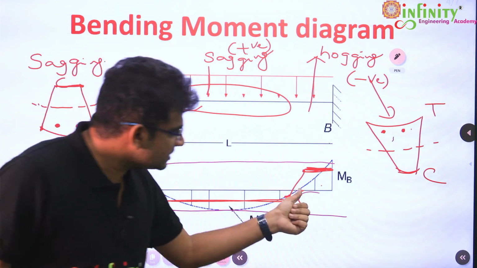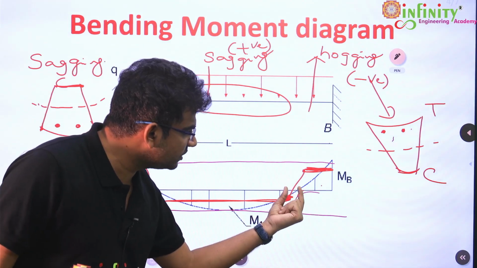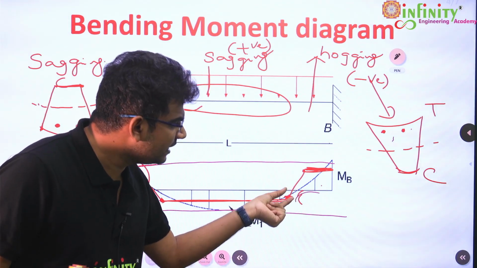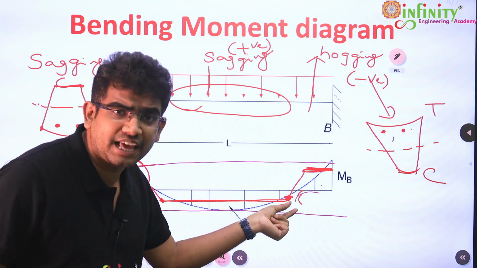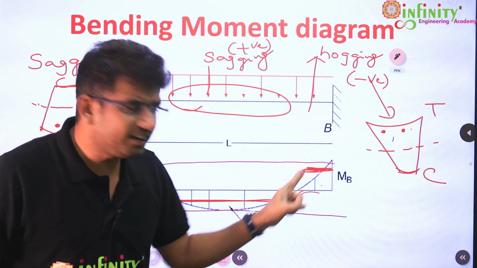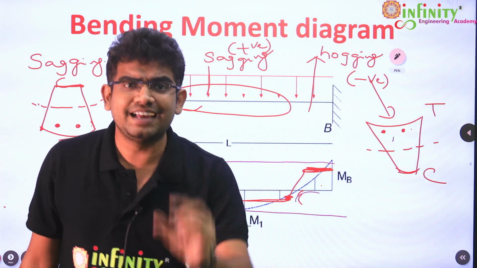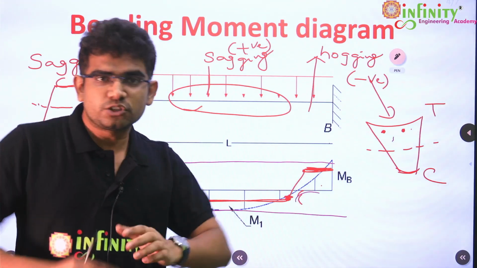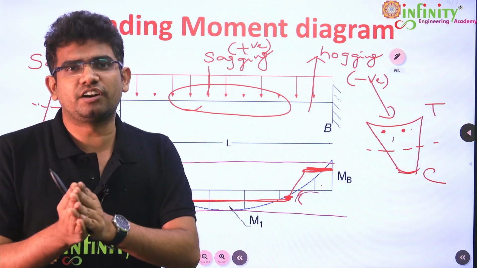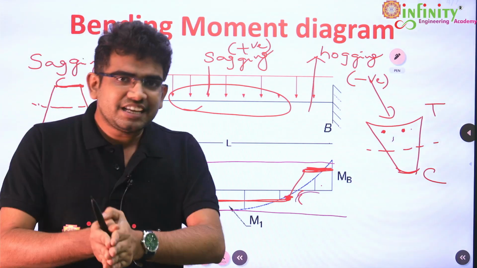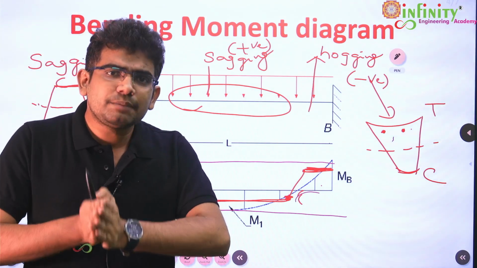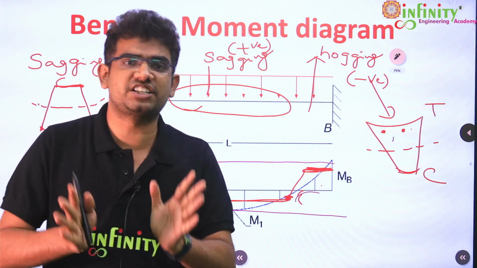Up to this point we have to place the steel tension reinforcement below the neutral axis, but beyond this point we have to provide the tension reinforcement above the neutral axis. So that's the importance of point of contraflexure. Placing of steel depends on what? It depends on the point of contraflexure.